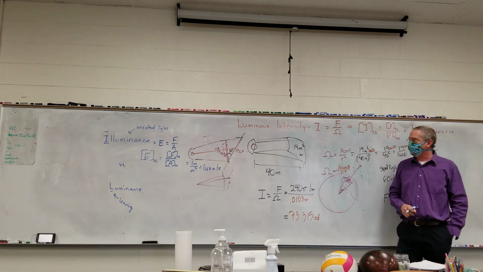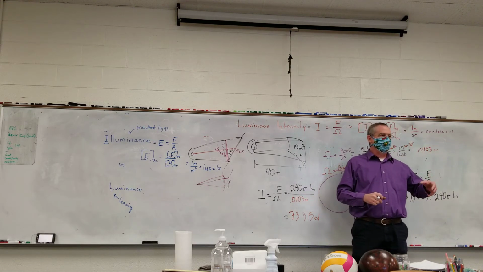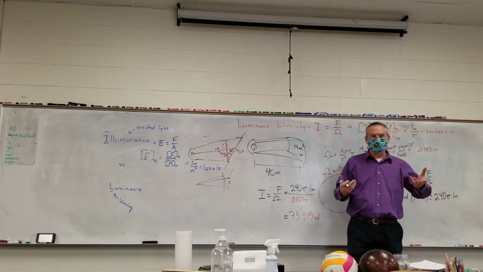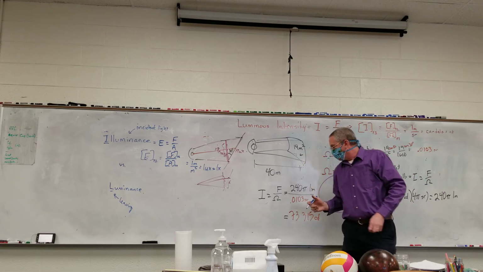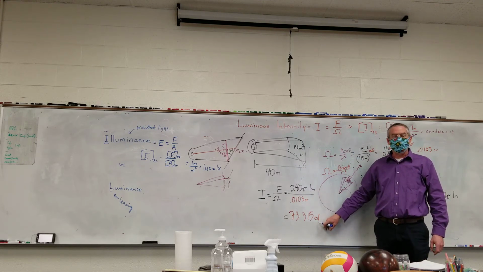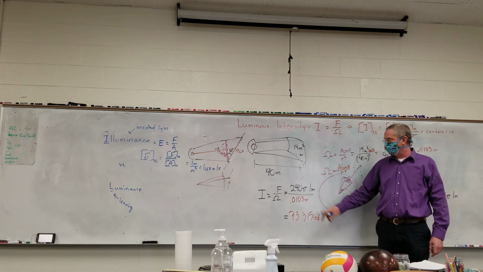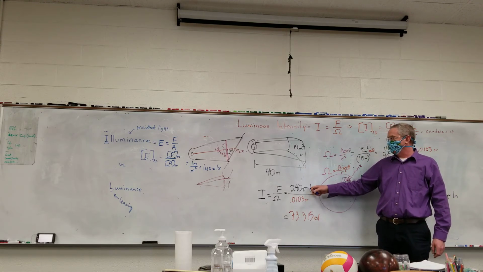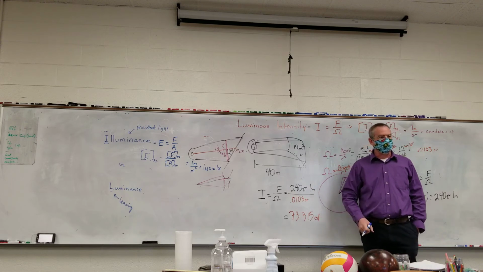So in my spotlight example, assuming that light's not bouncing off of air, we're making some assumptions of no loss. We have my light shining over this solid angle here. This is the number of candelas. No matter how far out I go, assuming there's no loss, this will stay the same, because the luminous flux coming from the bulb over that solid angle is not going to change.